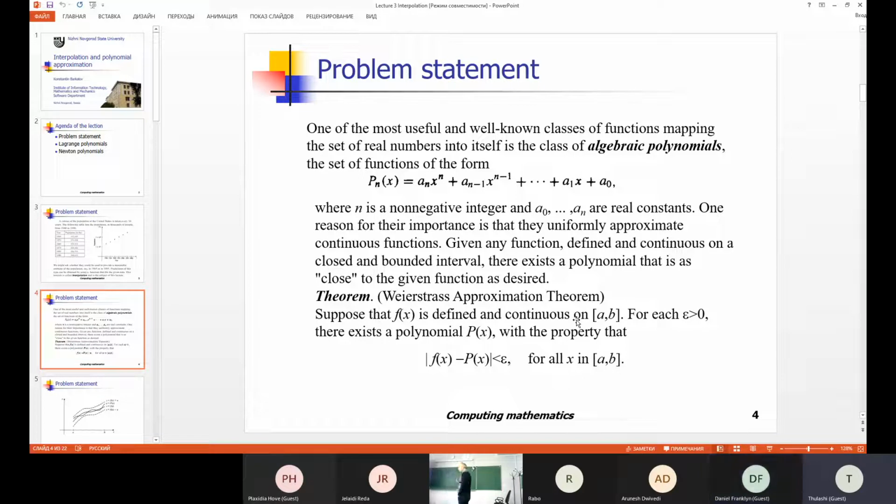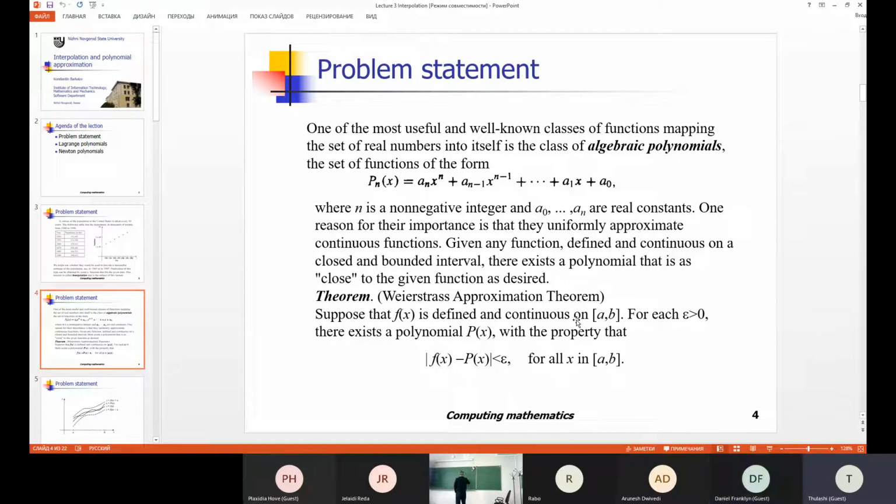How to write a polynomial of degree 1? What is it? Ax plus b. And if we follow this general notation, it will not be ax plus b, but a1x plus a0.